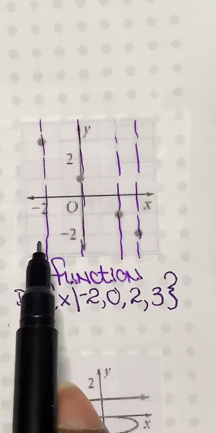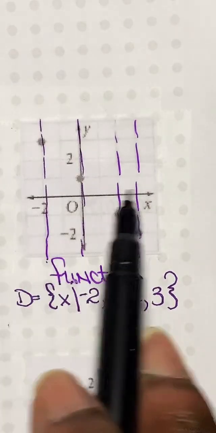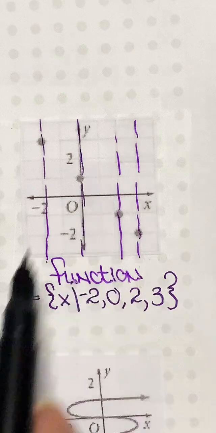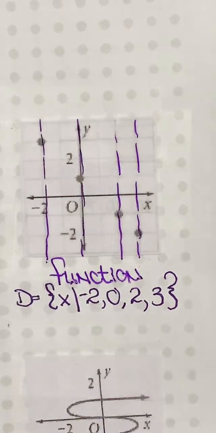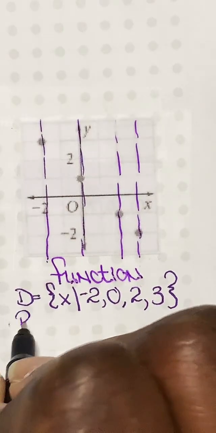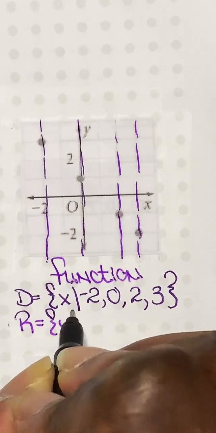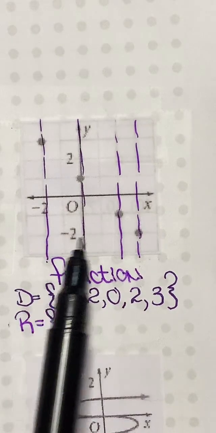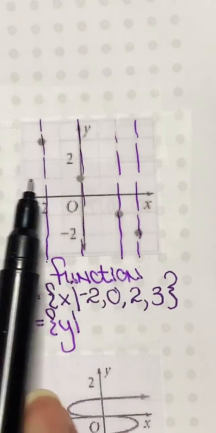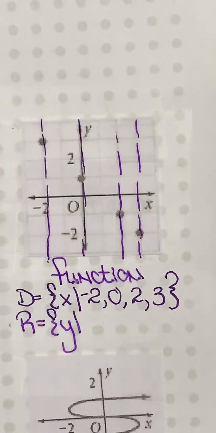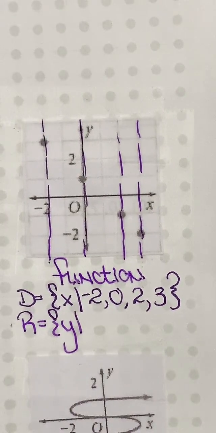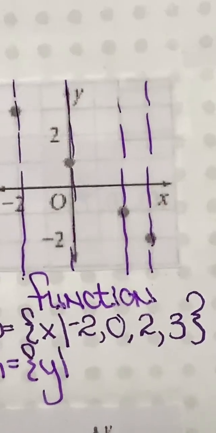So now we need our y's. Okay, starting with the lowest, that's going to be our range. What would be my range? You can't see the one on the 0.